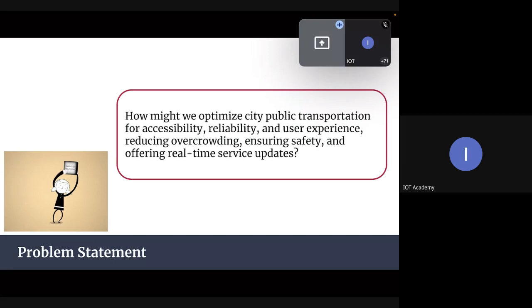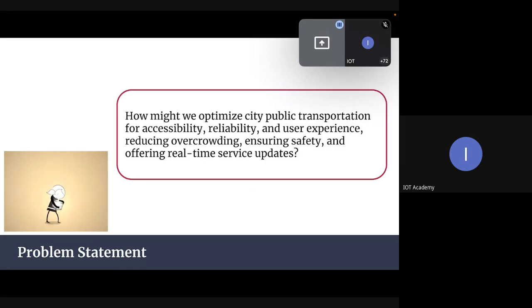So there are many problems. We all might have used public transportation in our cities at some time or other, and we must have faced these problems. So we have to optimize the public transportation system so that the common man on the road doesn't face problems, and this problem of public transportation can be solved.